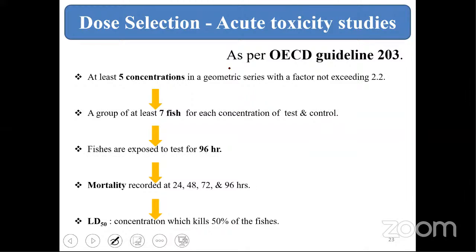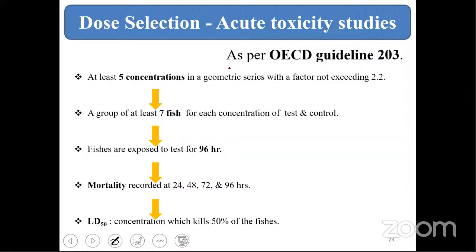The animal is exposed to the particular drug, which is filled in the tank, for nearly around 96 hours. The mortality is recorded every day, that is at 24, 48, 72, and 96 hours.